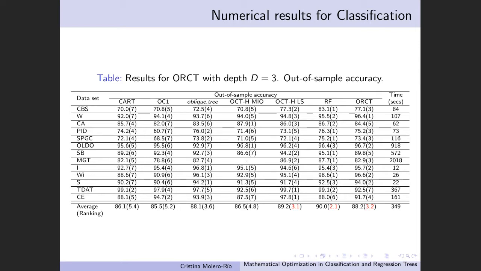You know that CART is a very fast method, so its times are on the order of seconds, but if you look at the last column, we take more time, but it's not that bad.